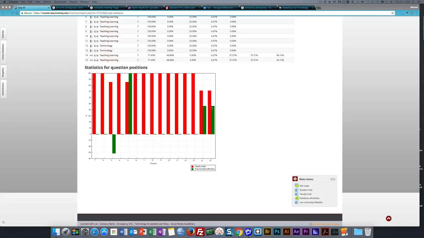The discriminative efficiency is a statistic to estimate how good the discrimination index is relative to the difficulty of the question. An item which is very easy or very difficult cannot discriminate between the students with different abilities.